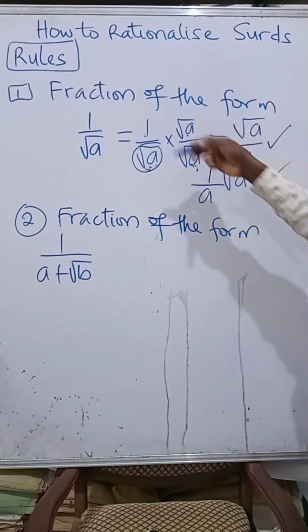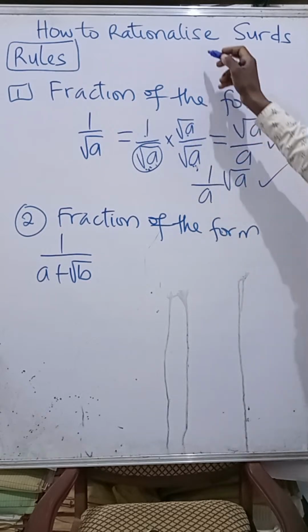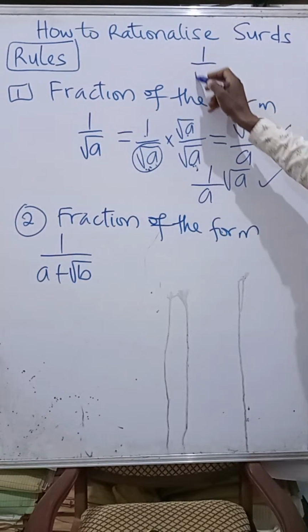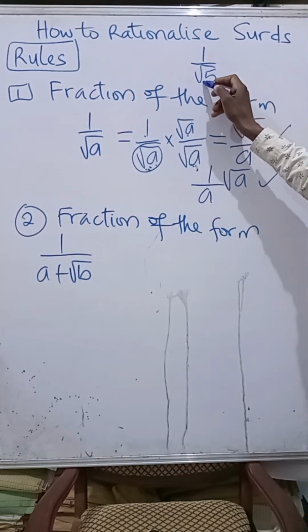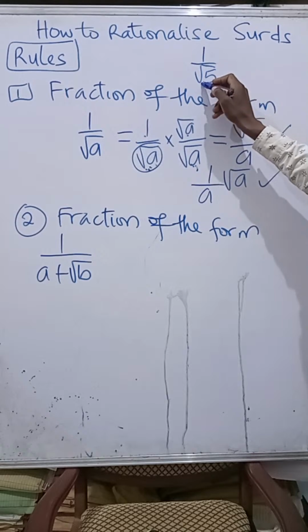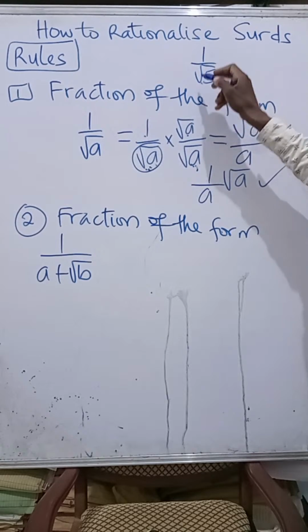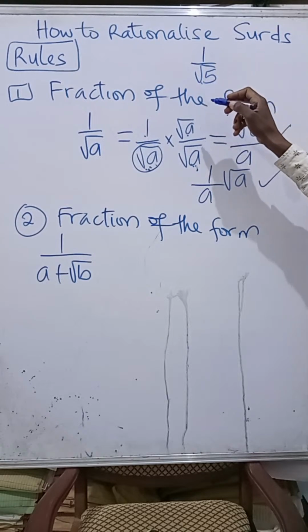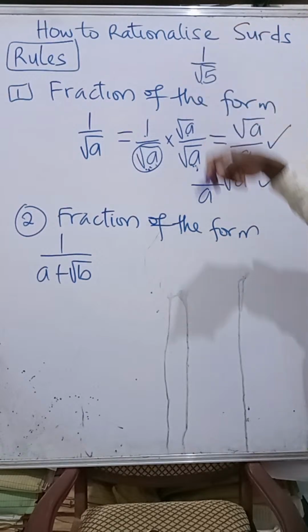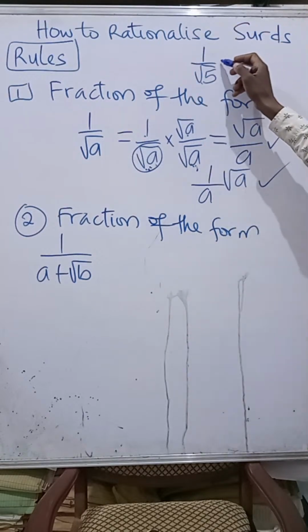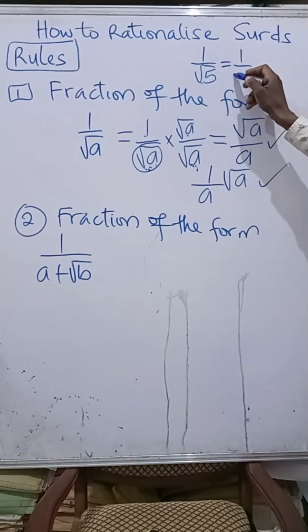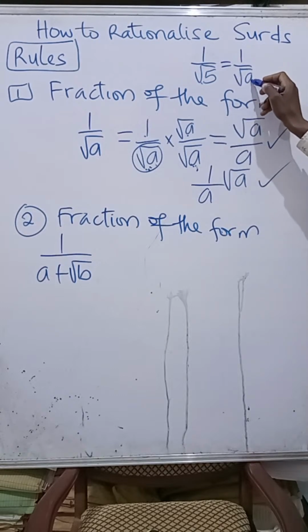Another example, another form of this is that you can have 1 over root 5. Okay. So this one, the denominator is irrational. We need to turn it to a rational number, and that will make us rationalize the denominator.